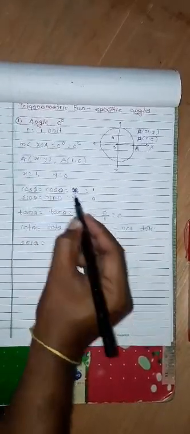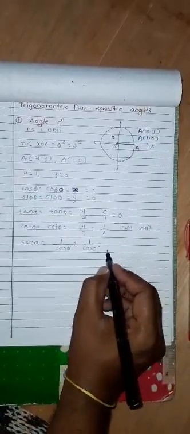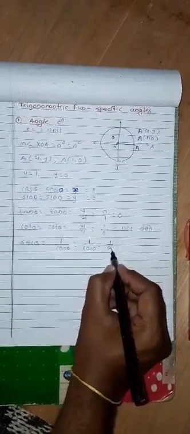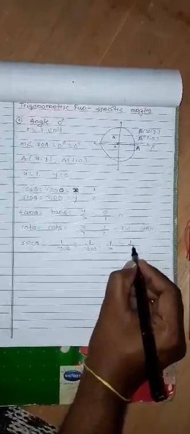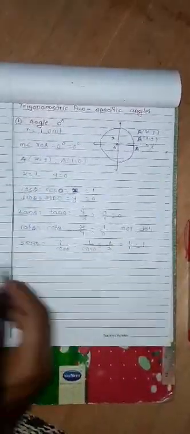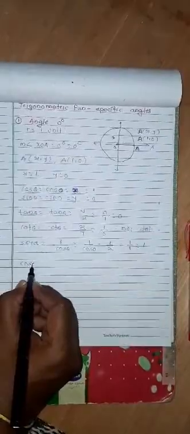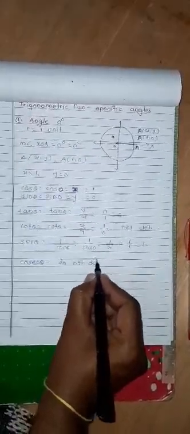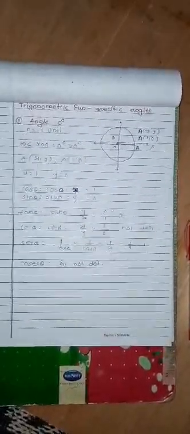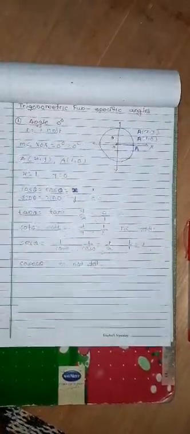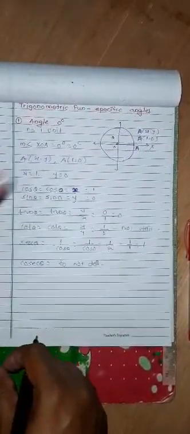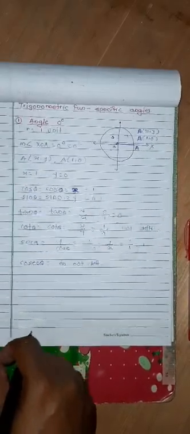It is 1. So 1 upon 1 means 1 is here, and cosec of theta is not defined, isn't it?